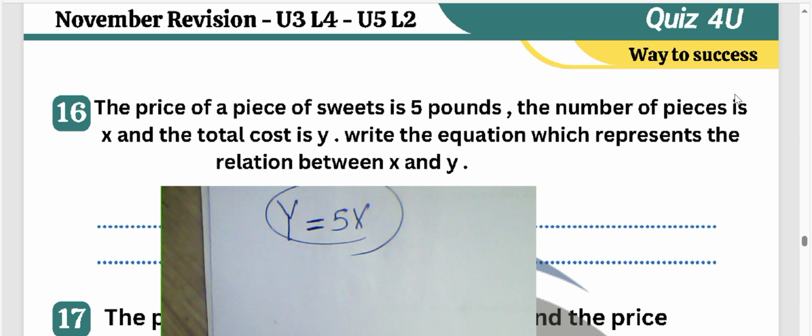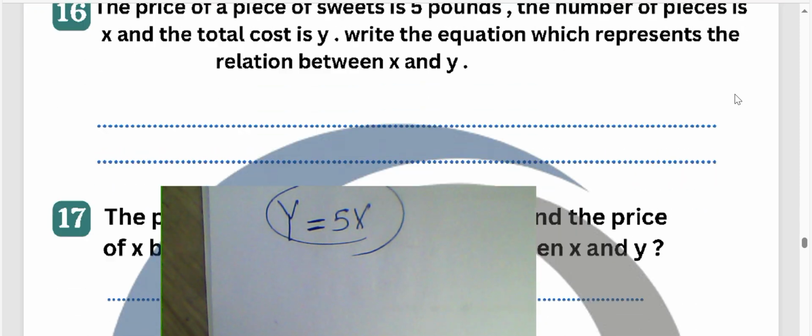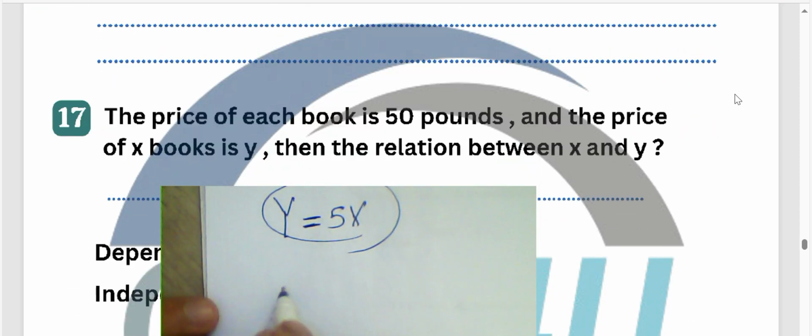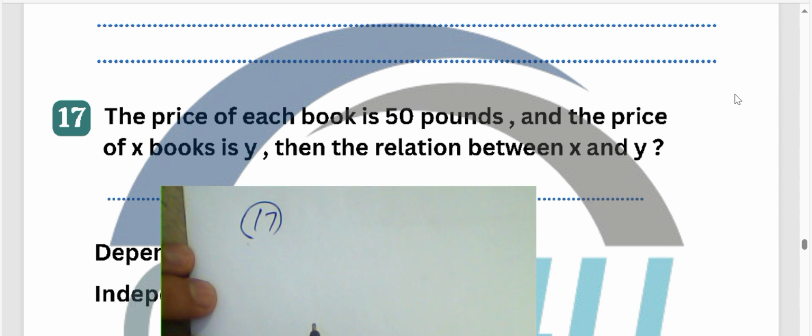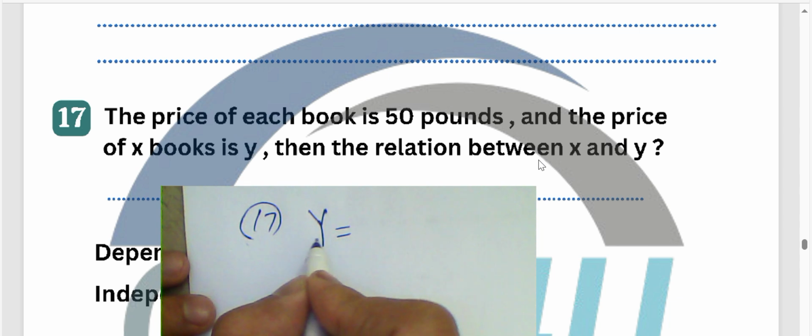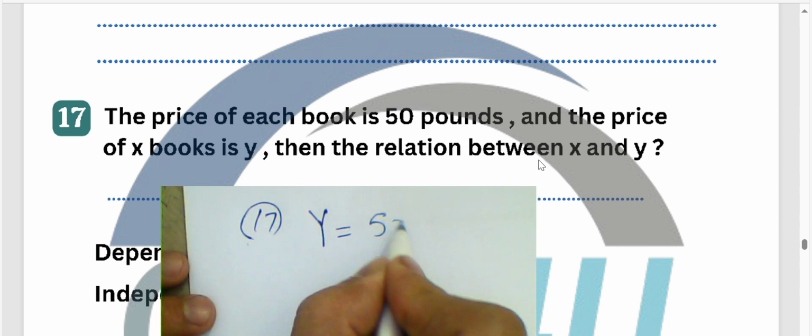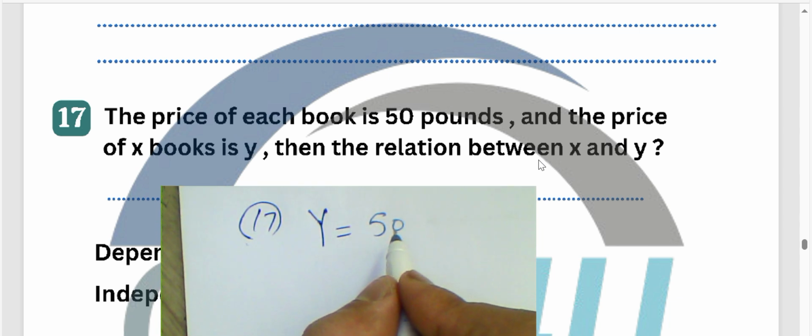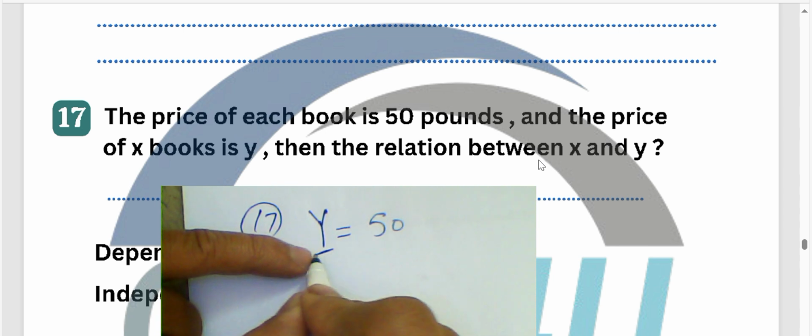Next example, question 17. The price of each book is £50 and the price of X books is Y. The relation between Y and X will give us the price of each book, 50. Then the number of books is X. The price of X books is Y. Right here is the total, equal 50X.